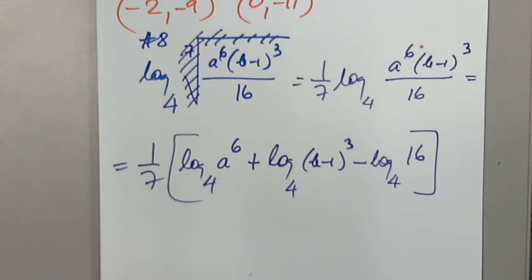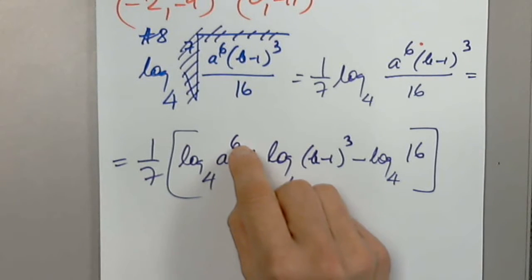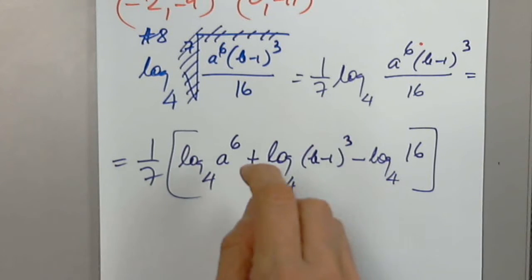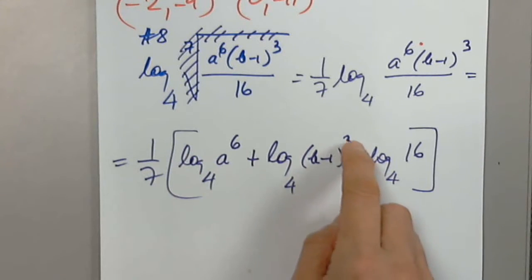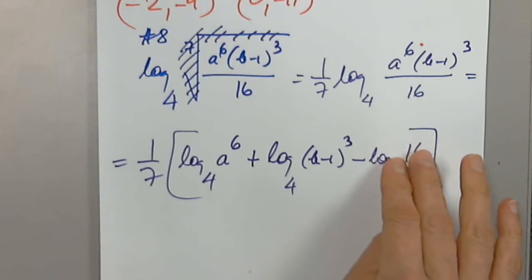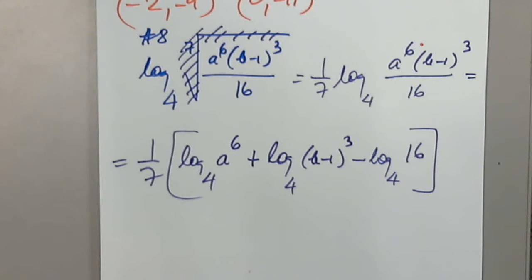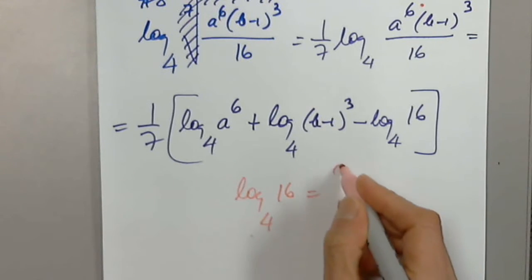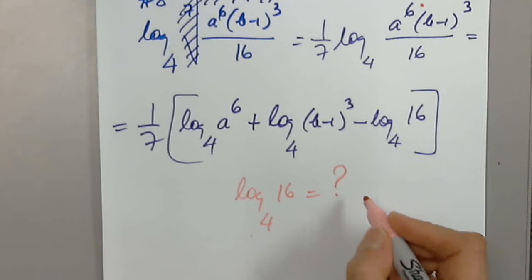Now it's not done because of this power that will go in front like we did with 1/7. So this power will go in front, this power will go in front, and now we are trying to figure out what this is. So let's give it a shot. Log base 4 of 16 is a number that we don't know what it is.